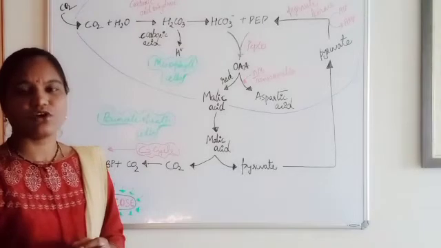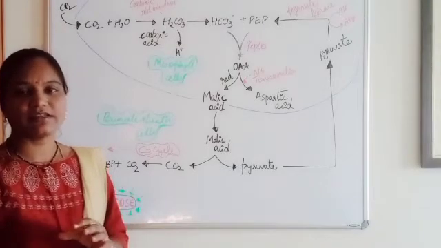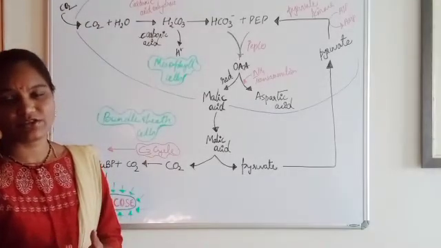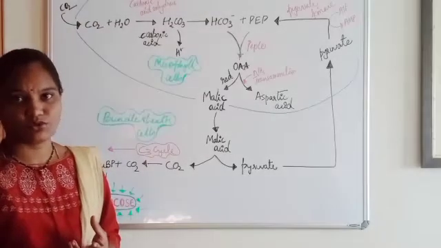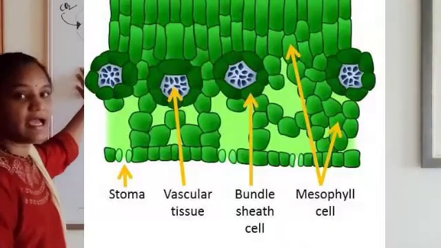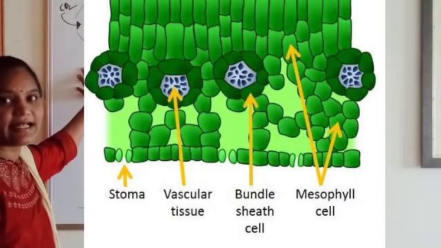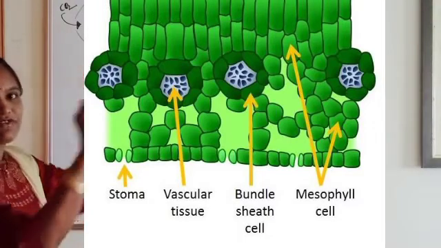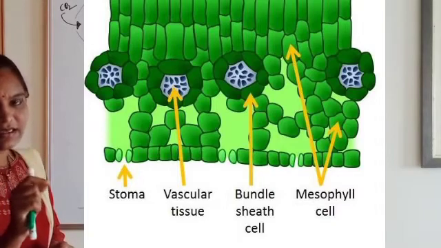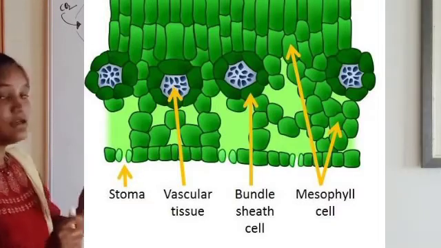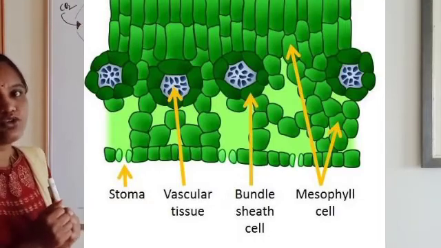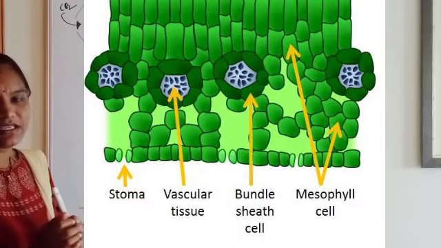Hence oxygen is more exposed and can easily get inside the mesophyll cells as the pores are more open. Now in C4 plants, due to its Kranz anatomy, the wreath-like, garland-like arrangement, the bundle sheath cells are very closed. They won't open very easily.